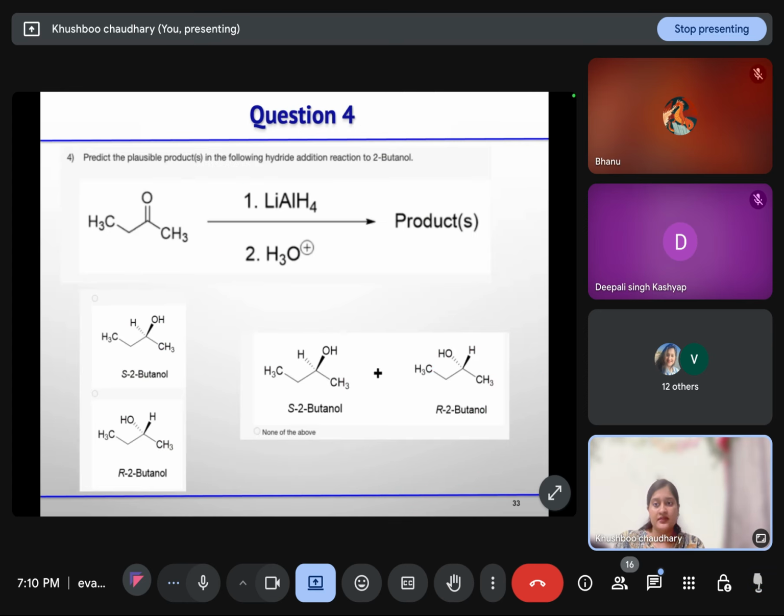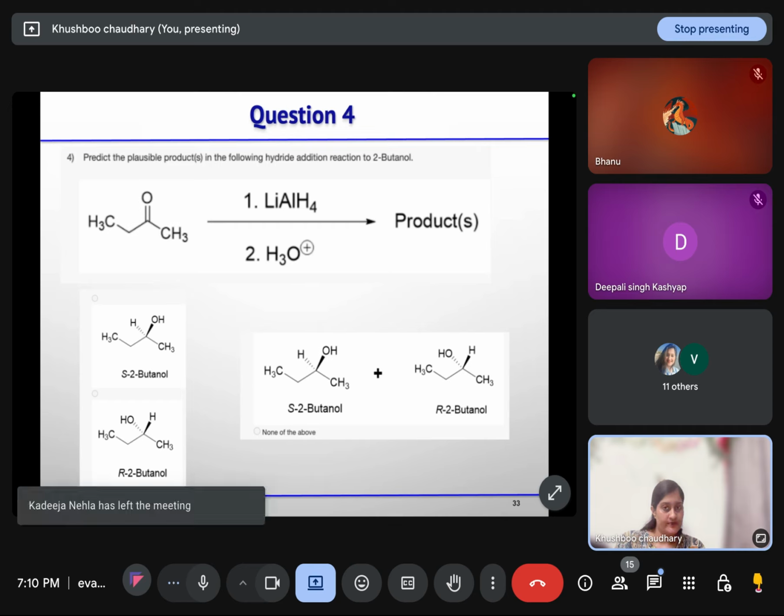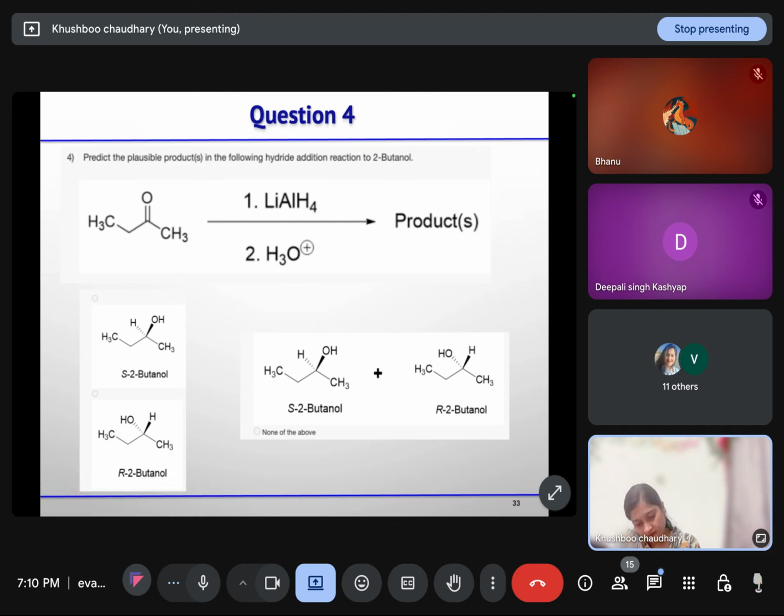Now predict the plausible product in the following hydride addition reaction to 2-butanone. You have lithium aluminium hydride and then a proton source. So what is the first step?